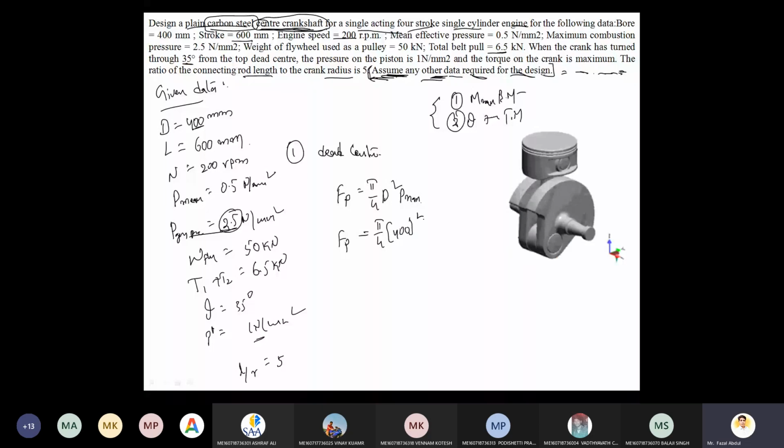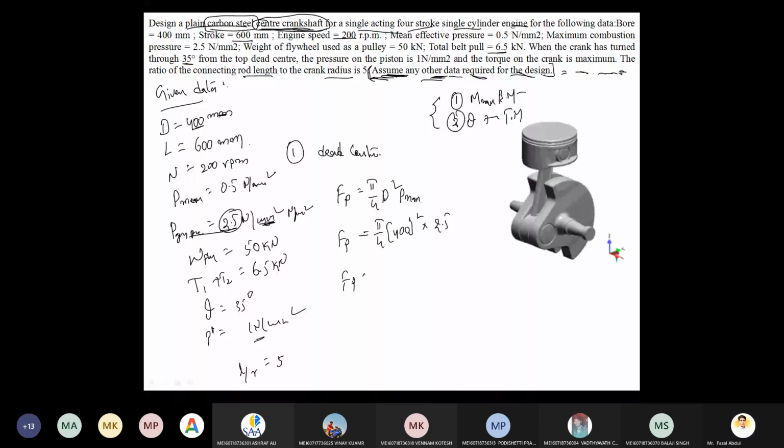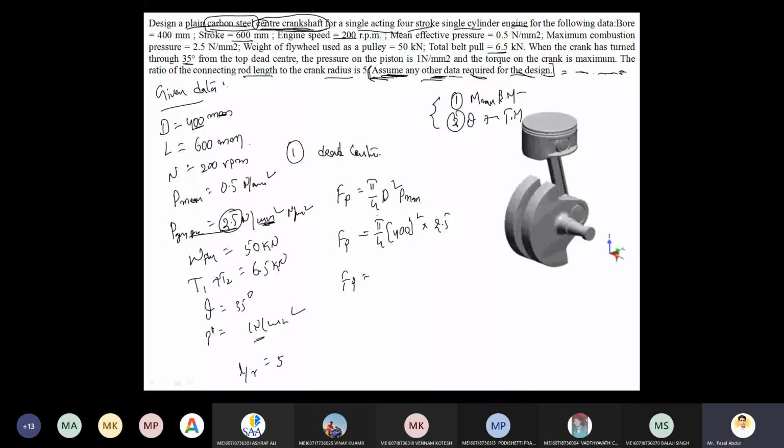So why am I taking directly 400 mm? Because the pressure is given per mm square, so the diameter also should be taken in mm. If the pressure was given in Newton per meter square, then we would have to convert this 400 mm into meters. So here the gas pressure is already available in mm, so I'm directly substituting the diameter in mm. Now what is Fp here? Substitute in the calculator, get the Fp value. Please tell me the value, Babu.